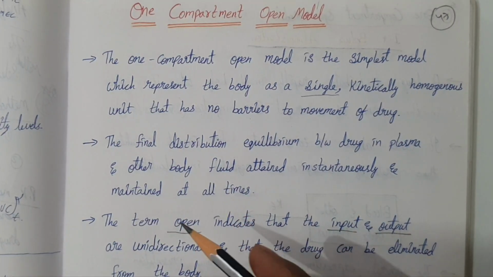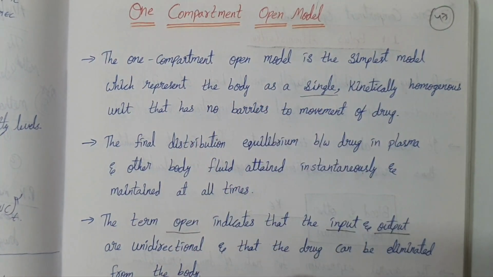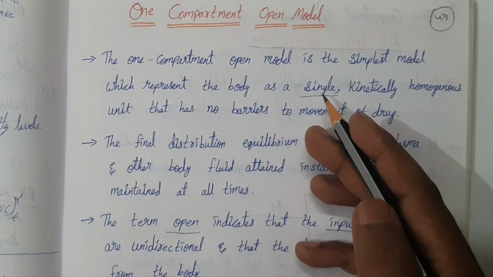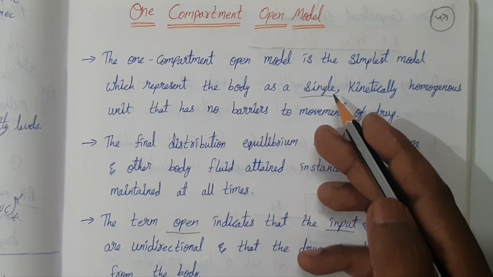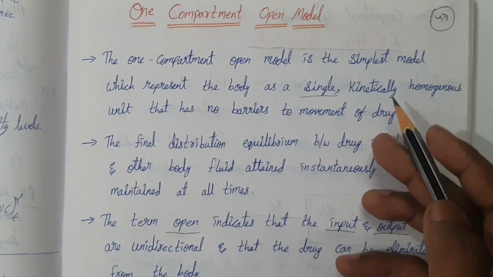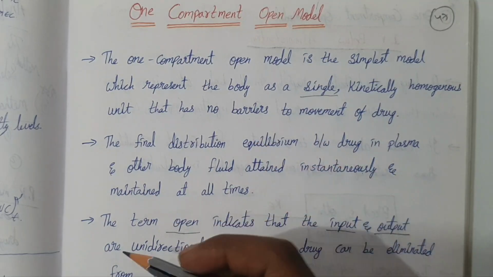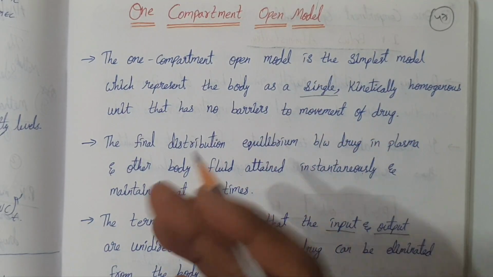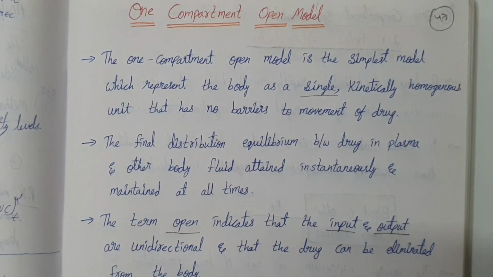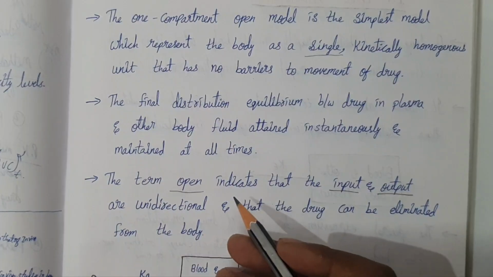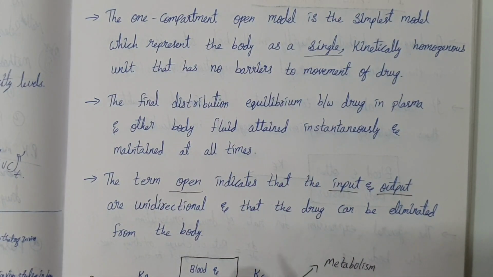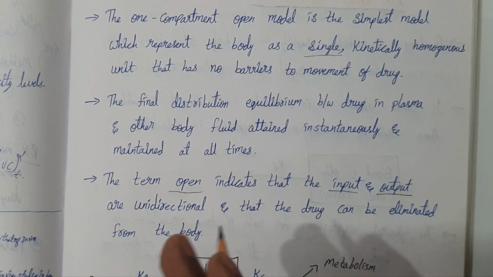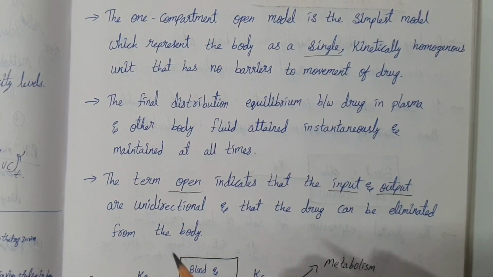The one compartment open model represents the body as a single or uniform unit where the drug distributes instantly throughout the body after entering into the bloodstream. The term open indicates that the drug can enter and exit the system.